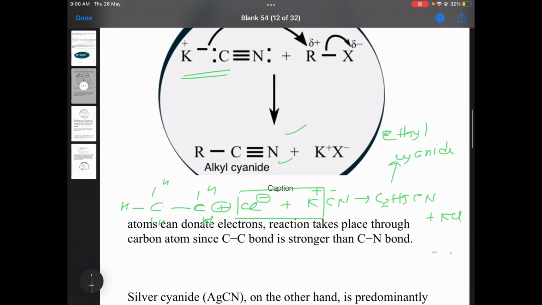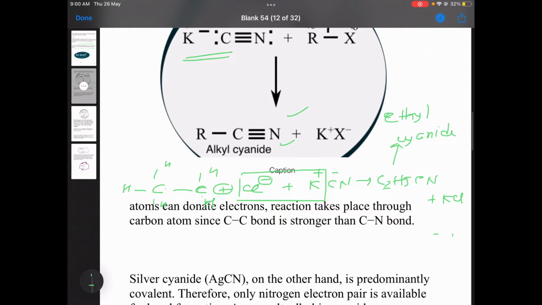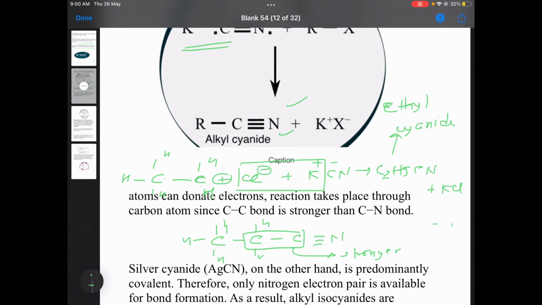The reason is that the carbon-carbon bond is much stronger. In C2H5CN, which we have formed right now, the carbon-carbon bond is much stronger than the carbon-nitrogen bond. So that's why we prefer to form an ethyl cyanide rather than an ethyl isocyanide in the case of potassium cyanide.